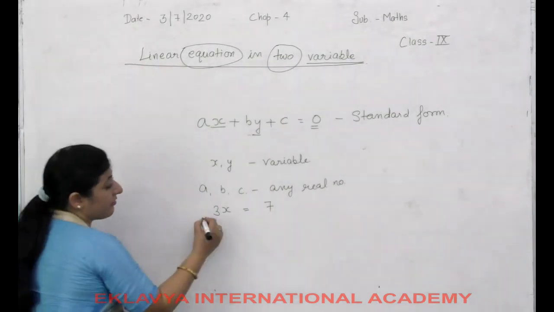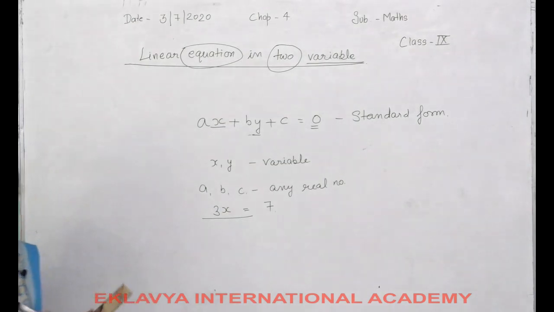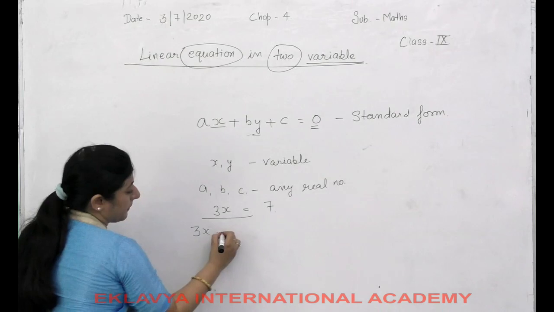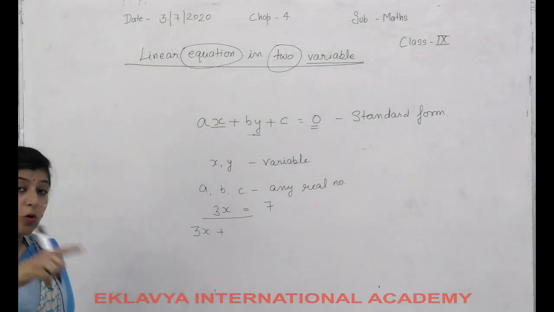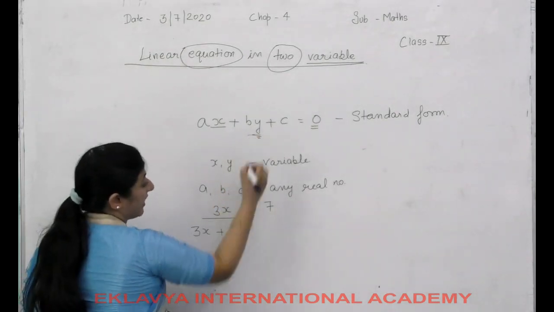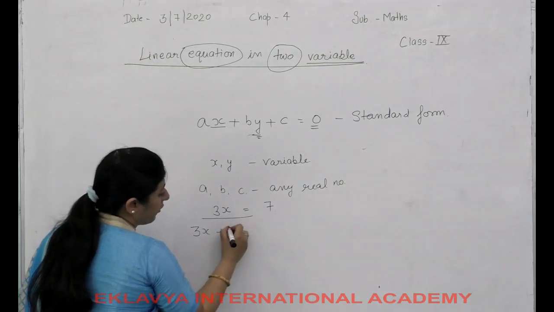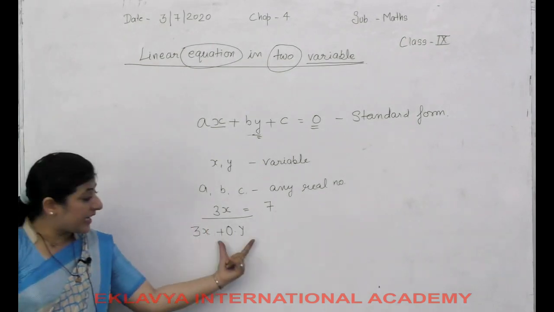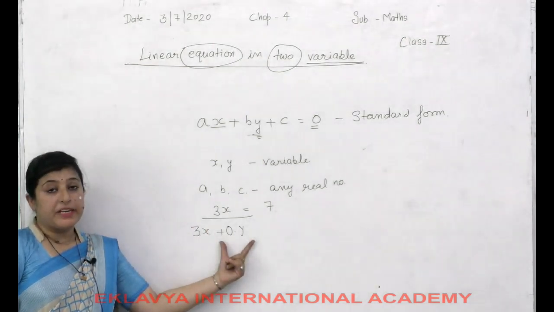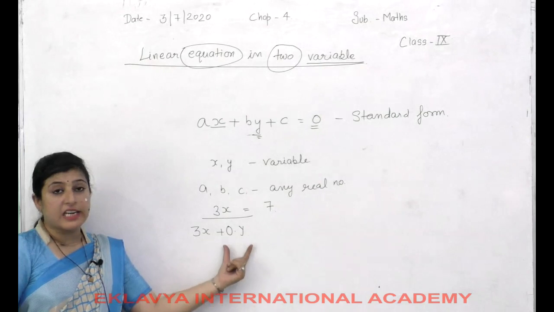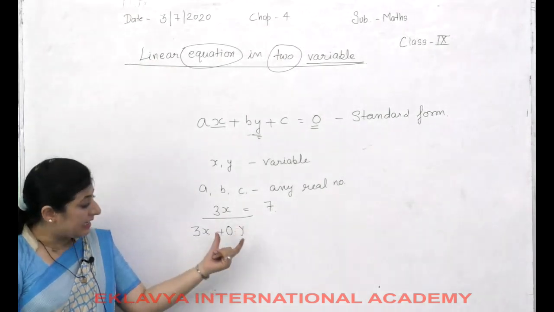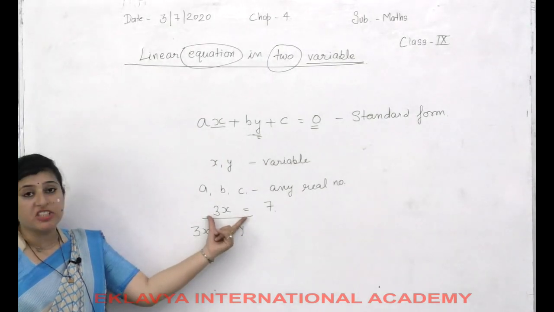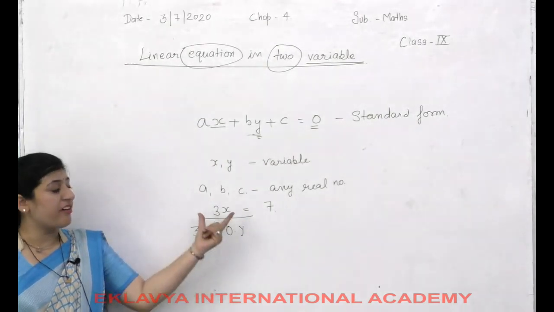Firstly see here, we have to change this equation into two variables. So we write down 3x plus, we don't have the y variable, so we take the coefficient of y is equal to 0. If I write down here 0 dot y, it means 0 multiplied by y, that is equal to 0. So does it have any effect on the equation? No. There is no effect of this thing.